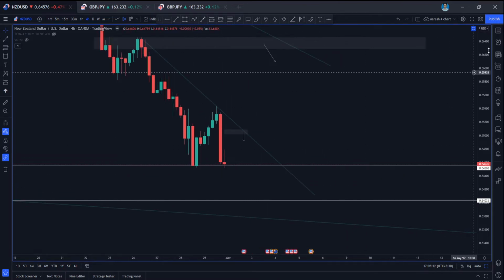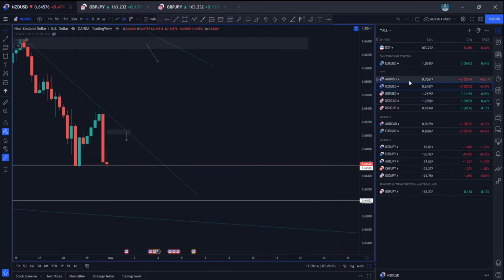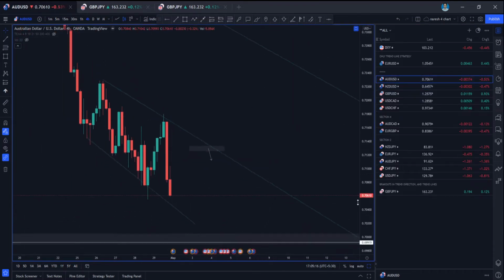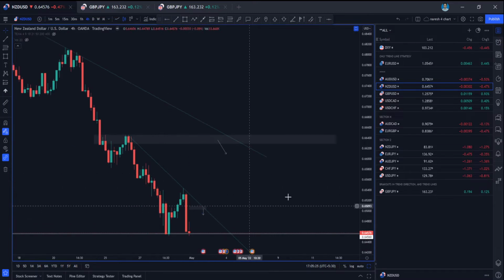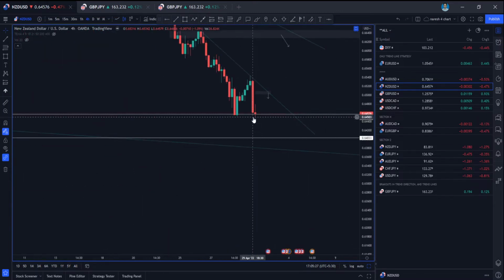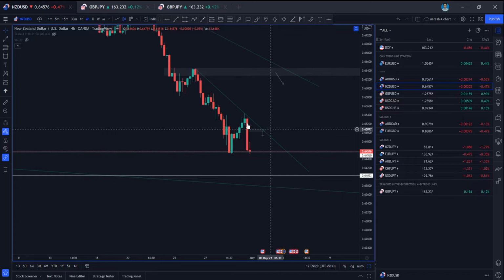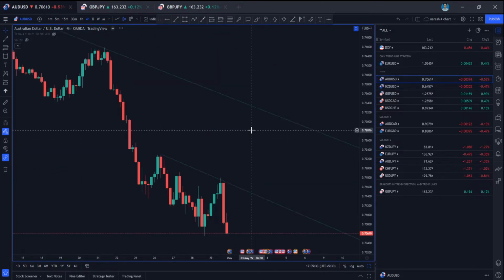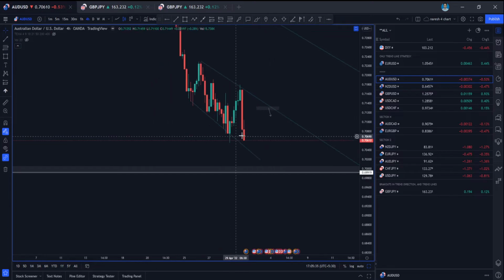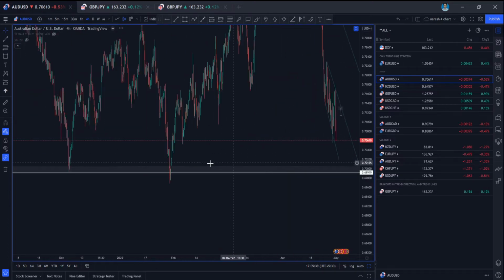Compared to NZD-USD, we have a more favorable situation in AUD-USD because it has already broken the low, and it has a clear pattern. NZD-USD is also good, and you can take the trade from this level, but AUD-USD is comparatively favorable because the support is further below here, which should be this support.